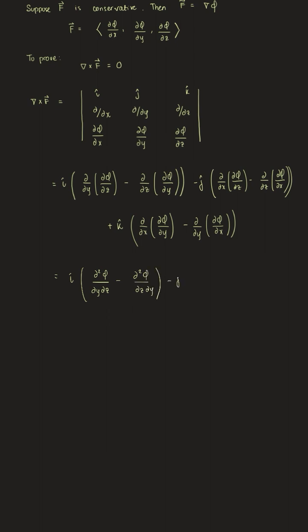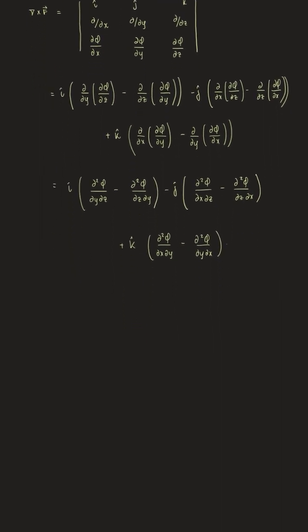Minus j, you might be able to see something already. Second order partial of phi with respect to x and then z minus second order partial of phi with respect to z and then x. And then plus k, second order partial of phi with respect to x and then y minus second order partial of phi with respect to y and then x.